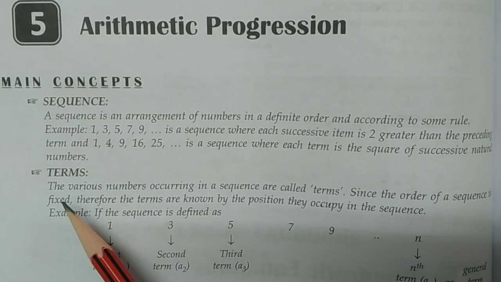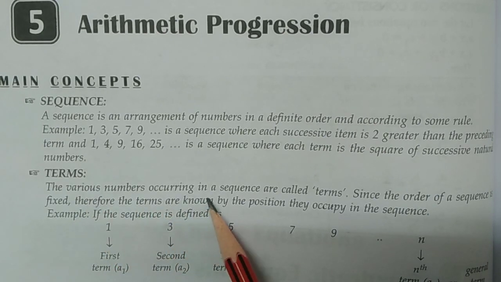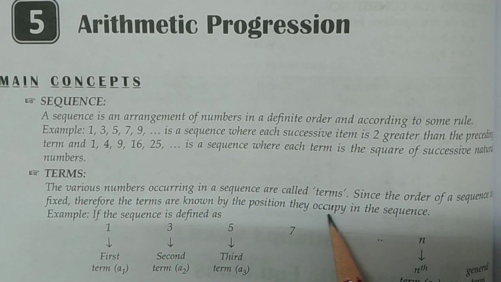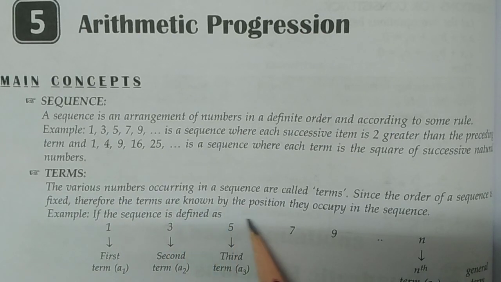Now what are terms? The various numbers occurring in a sequence are called terms. Since the order of a sequence is fixed, the terms are known by the position they occupy in the sequence.